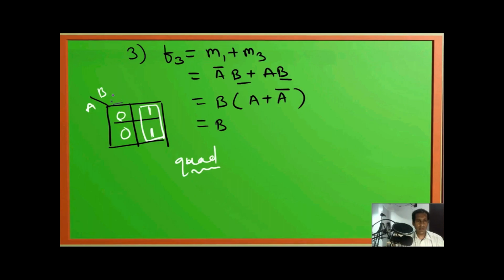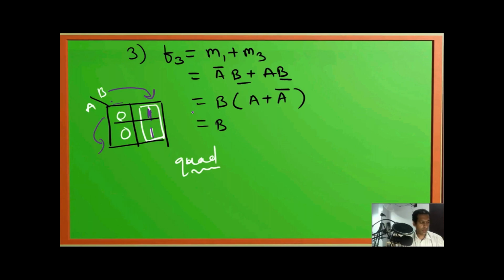This belongs to B. So B is 1, B is 1, both the places constant. 1 represents direct B, not B bar. But on these two places, A value is changing. So this will be B.